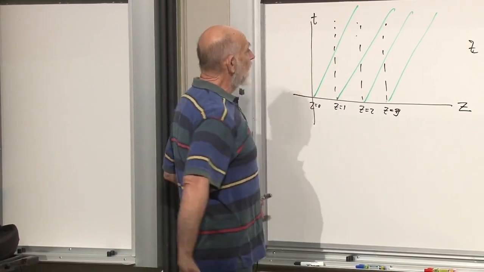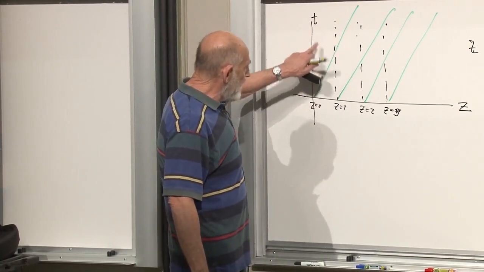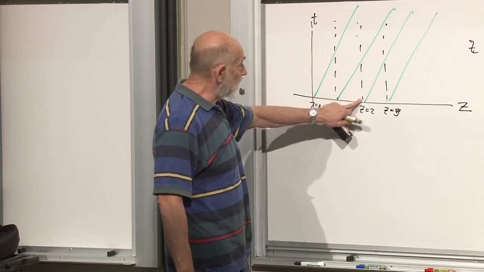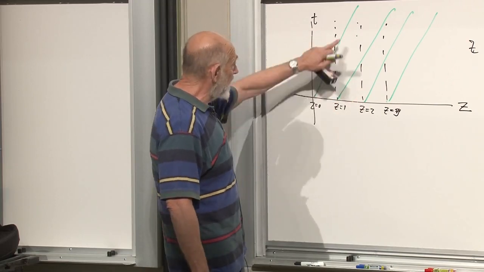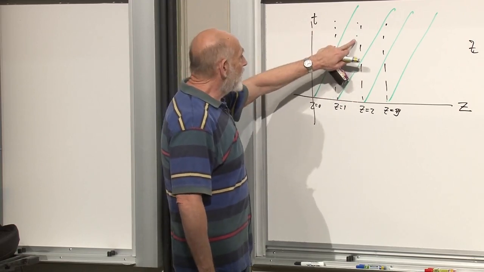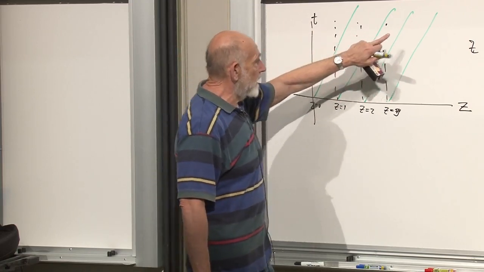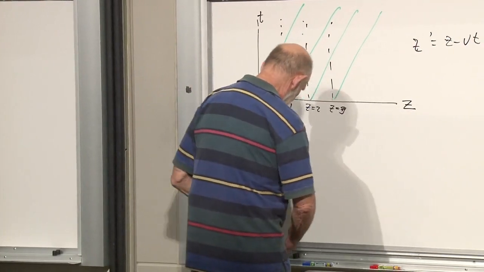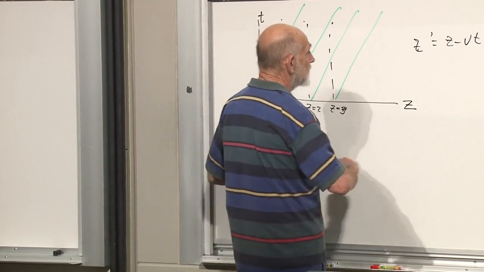Every point has a pair of coordinates t and z, and also an x, incidentally, but I've dropped it, and a y, and the z prime and the z coordinates are related in this way. Also, t prime is equal to t. Let's put in t prime equals t.